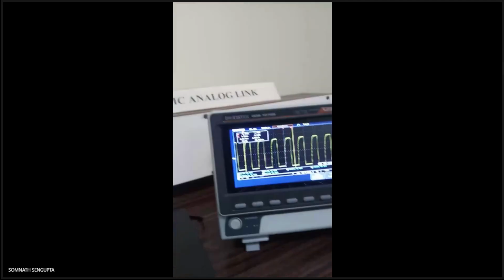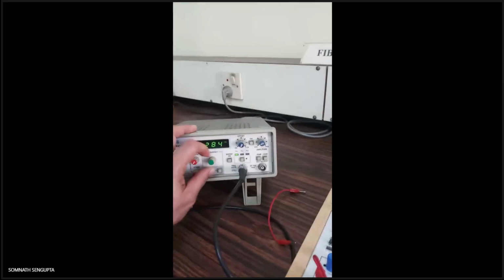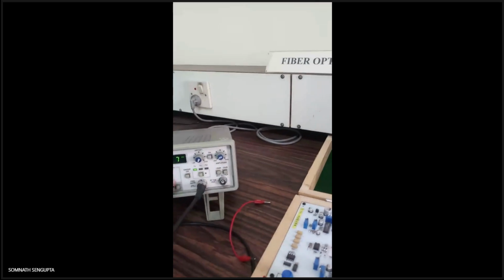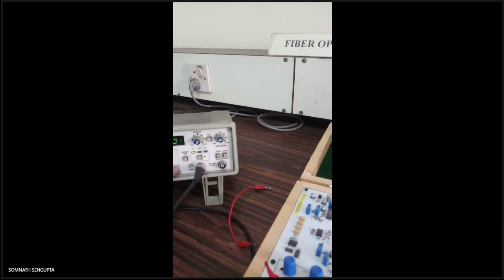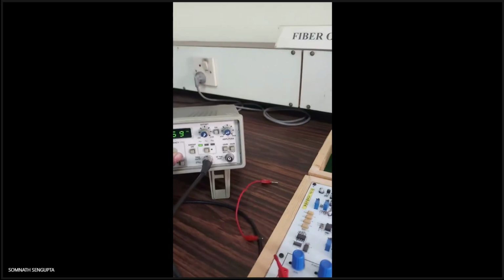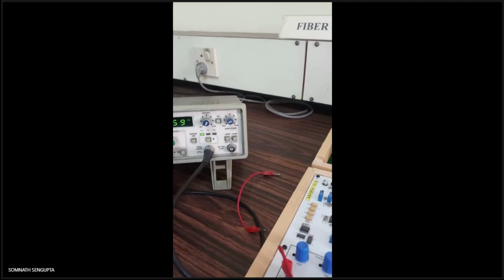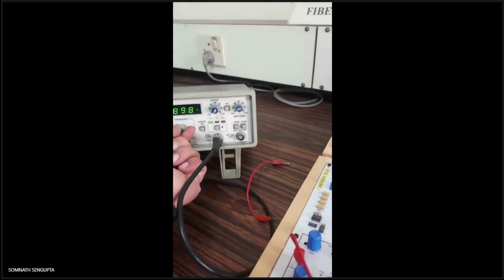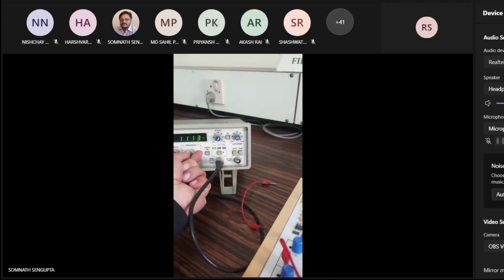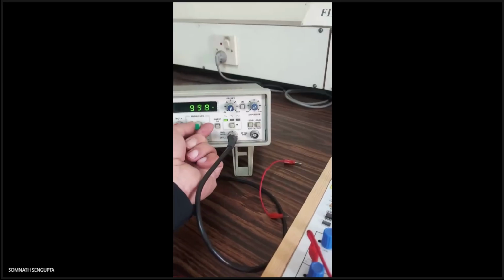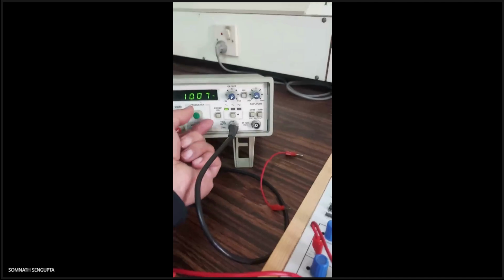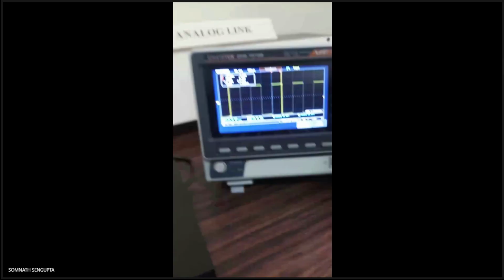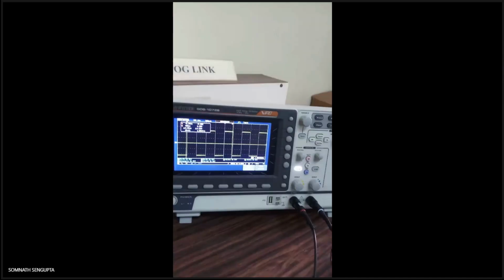If you slightly reduce the frequency, let us say I have kept it to 1 kilohertz, and at that time this is the input signal. 1 kilohertz frequency, so a pure square wave you can see.